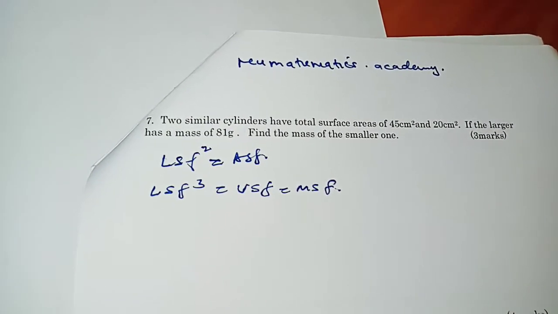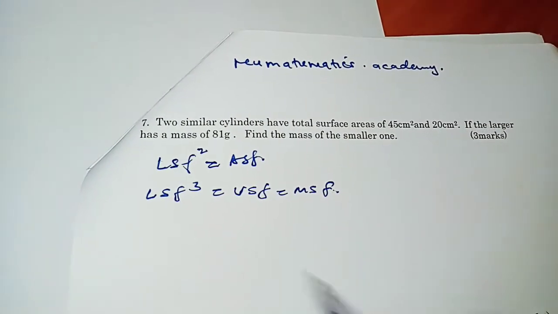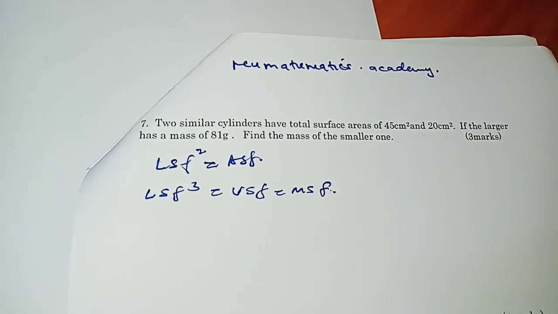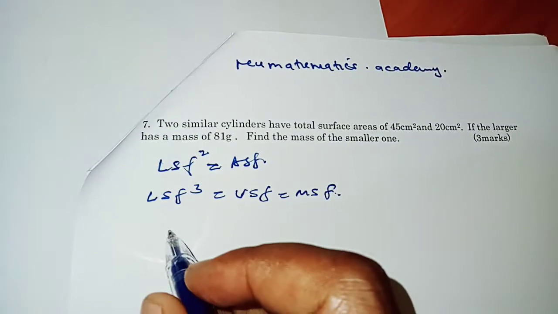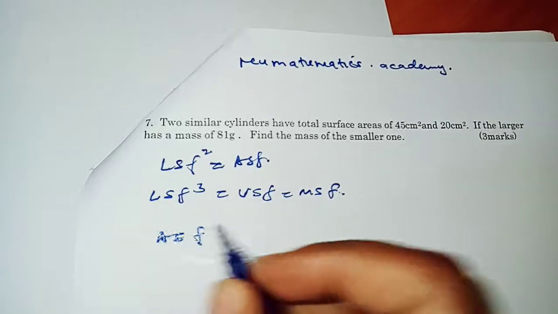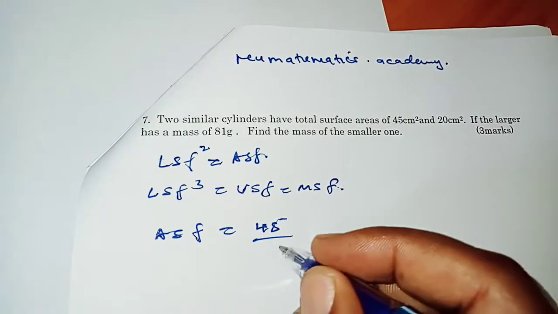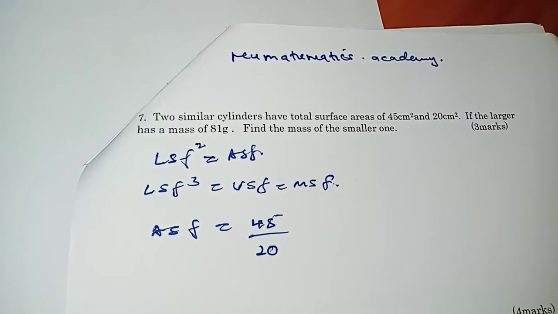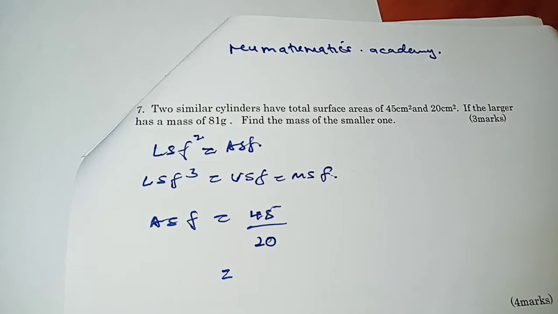So from there, we have to take the question as it is, and we're looking at the parameters given. We have the surface areas of the two similar cylinders given, so we can take the area scale factor as 45 over 20. Okay, it's always good to simplify so that you can get the simplest form of the ratio.